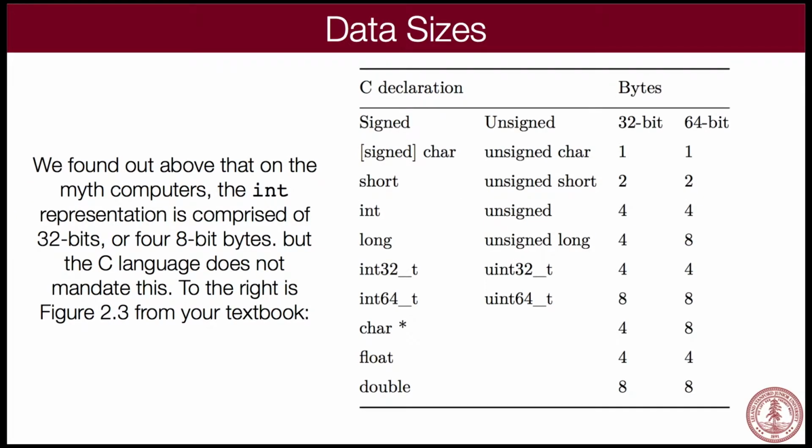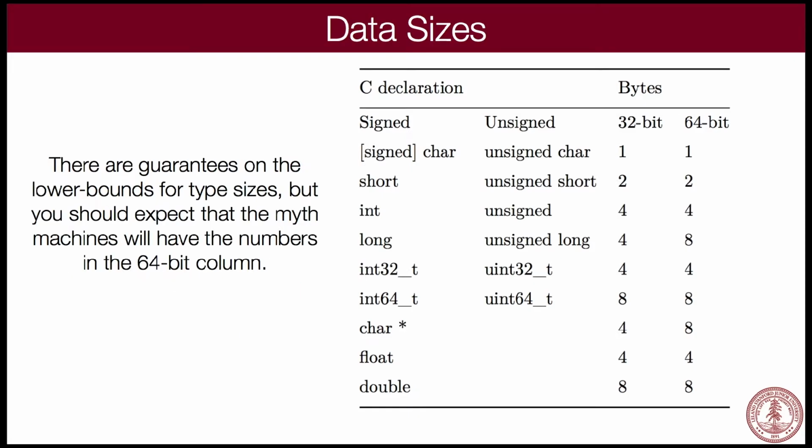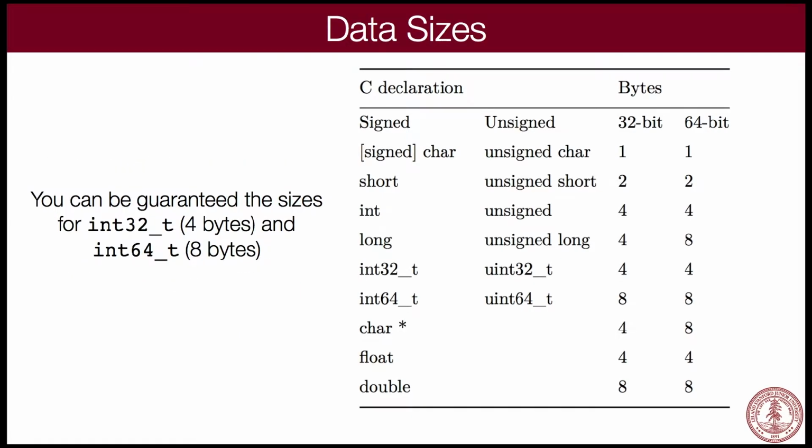Okay, so those are the number sizes that we're going to deal with when we talk about C, and when we go a little more under the hood and talk about assembly language, we'll talk about numbers in those formats. Notice they're always powers of 2: 1, 2, 4, 8. That's going to become important. You don't have a byte size of weird numbers that aren't powers of 2. All right, so we talked about the guarantees.